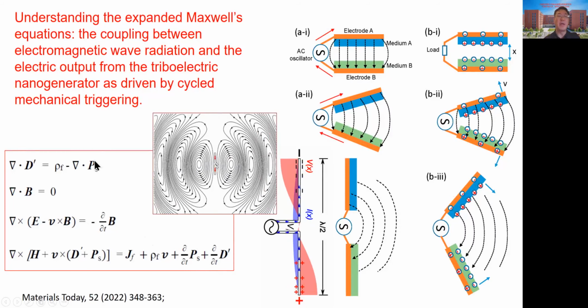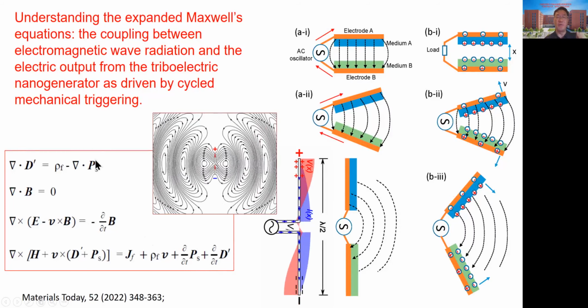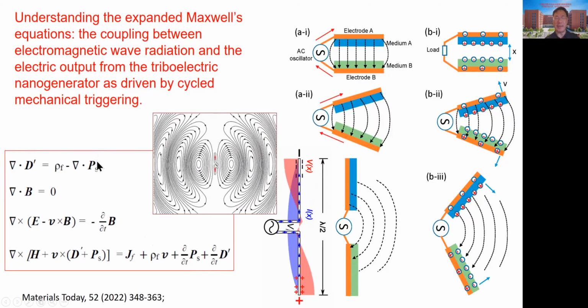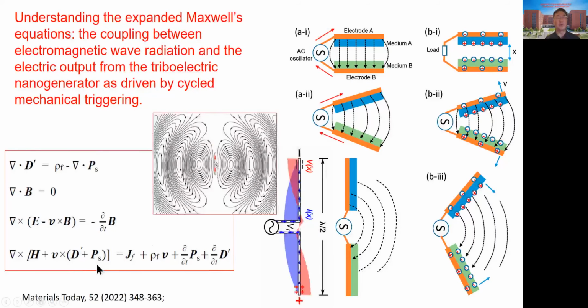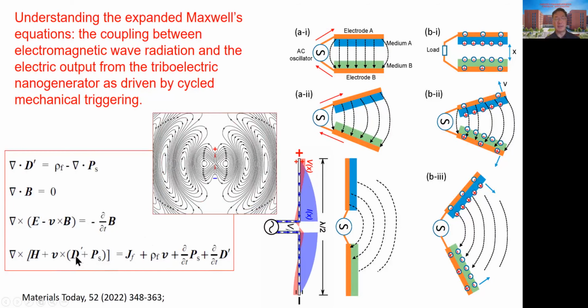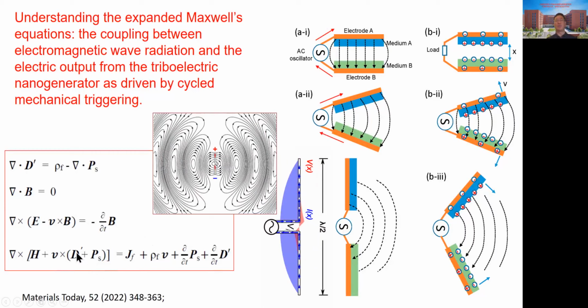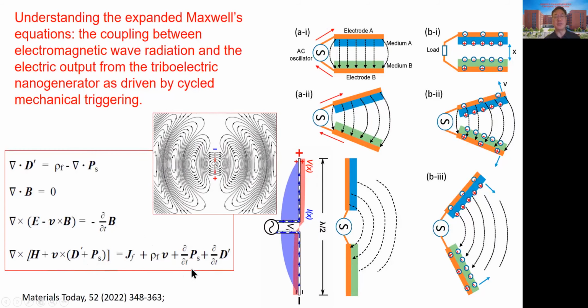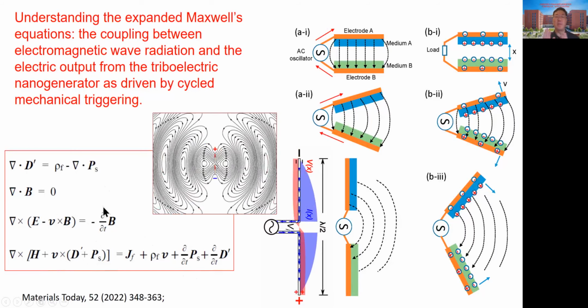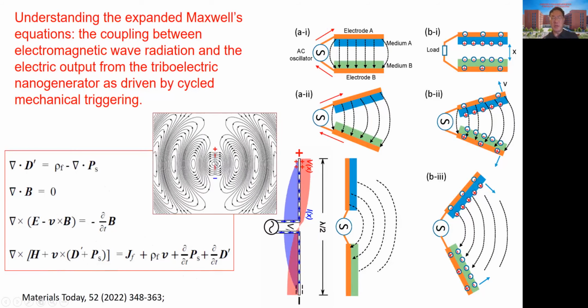But again, this is on the assumption of low-speed motion, neglecting relativity effects. So you have both the PS and the D prime over here, and that's what we are more familiar with in our conventional derivation. So this is the three-way coupling: mechano-driven, electricity, magnetism.